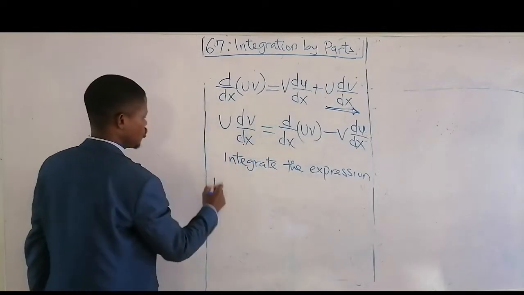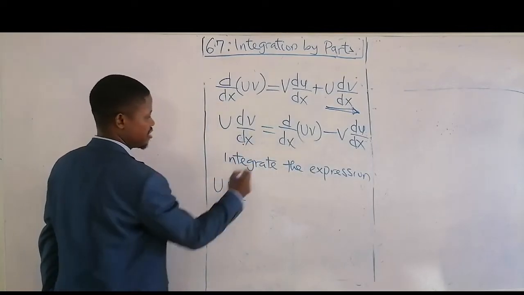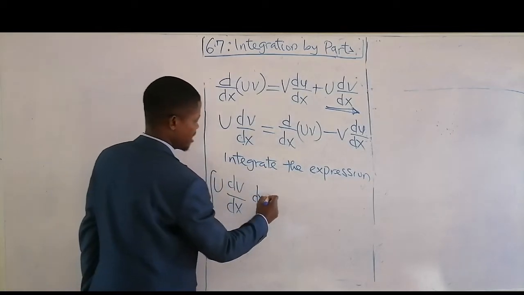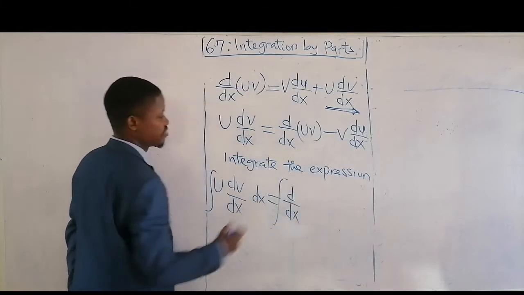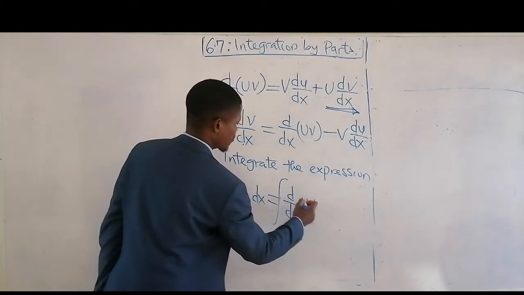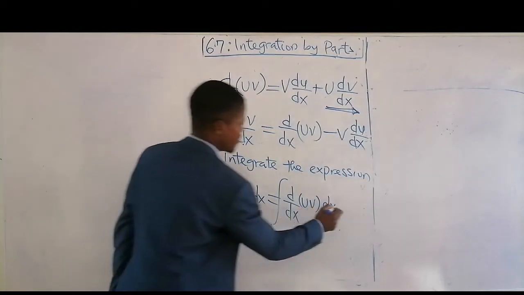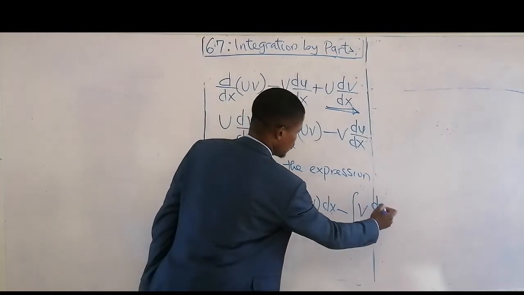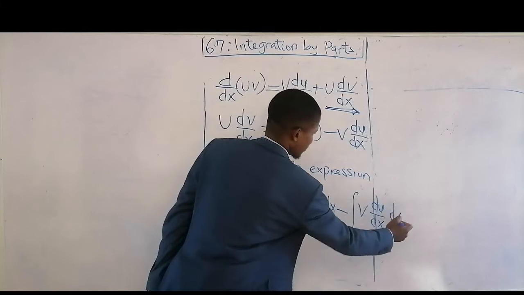Then the next thing to do is integrate the expression. We have the integral of u dv/dx dx equal to the integral of d/dx of the product dx, then minus the integral of v du/dx dx.